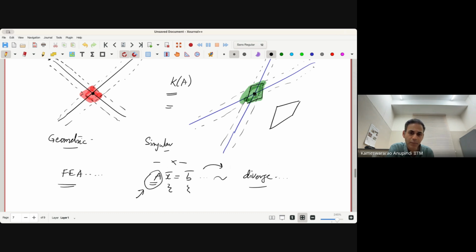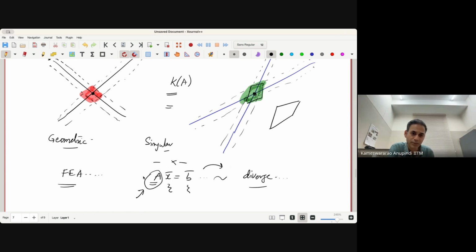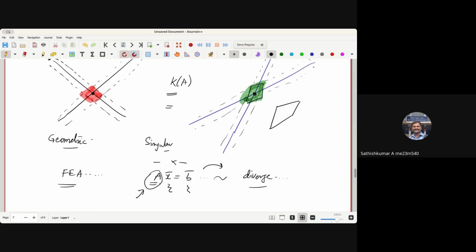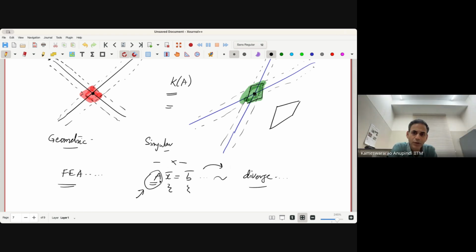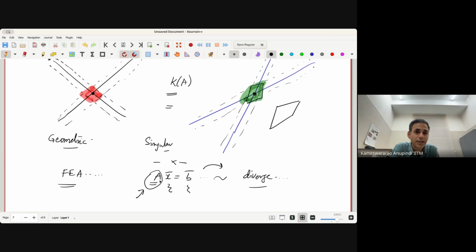If that happens, we have to go back and see that the reason is that A is not a well-conditioned matrix. It is not very straightforward to figure out, but you have to make sure that A is well-conditioned. That means its condition number is small, and the system of equations we are trying to solve is not close to a singular system. If it is close to singular, there is something wrong with it.